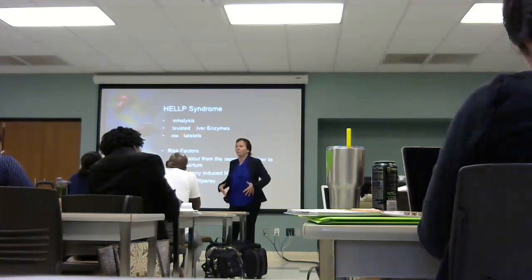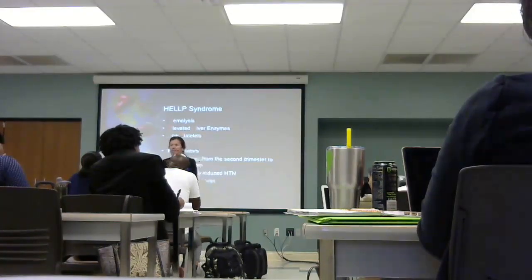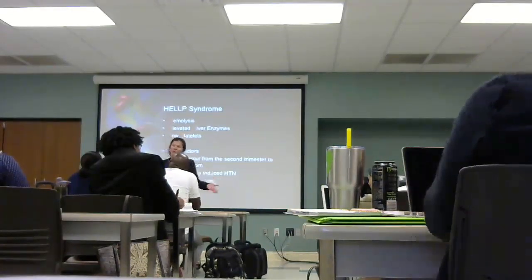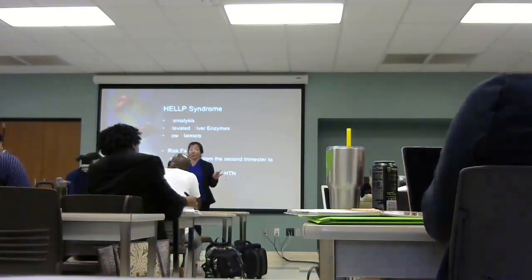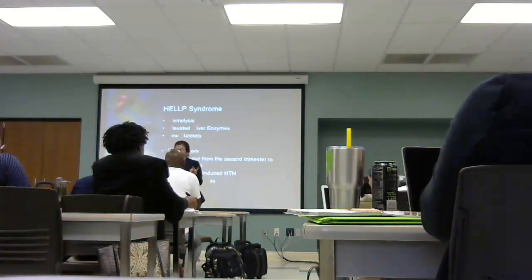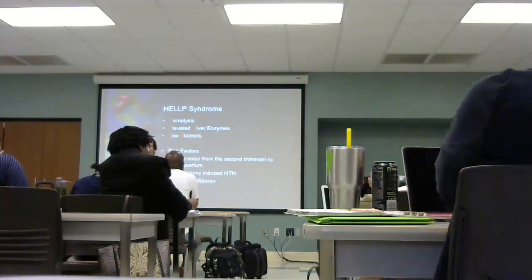When you do an abdominal ultrasound, you find it's not acute cholecystitis, not appendicitis, not an intestinal obstruction. Now you do a CBC and see anemia, thrombocytopenia, a blood pressure greater than 140 over 90, and elevation of AST.